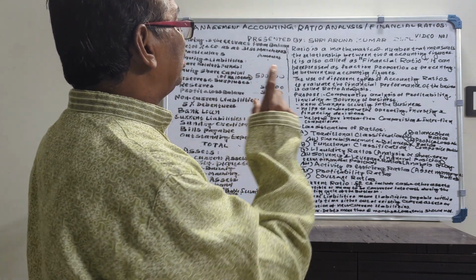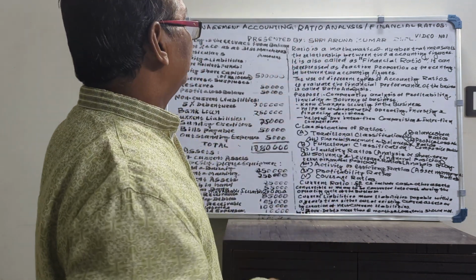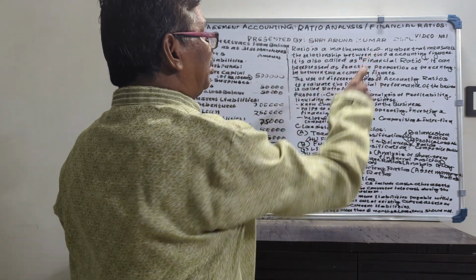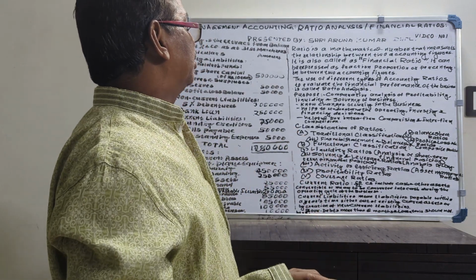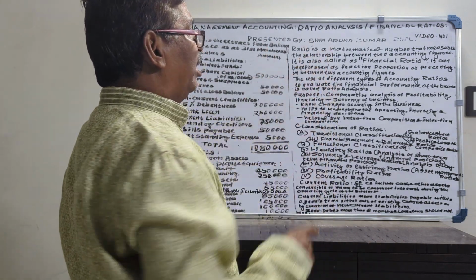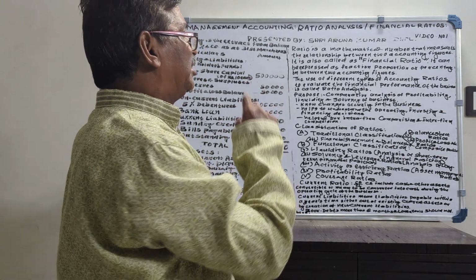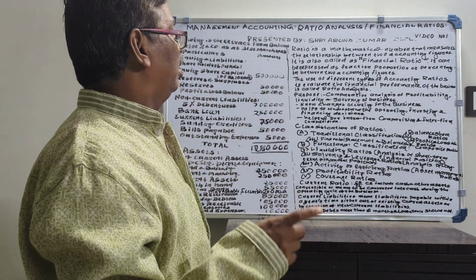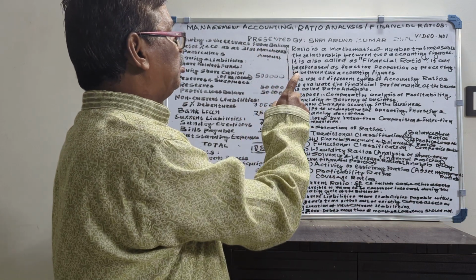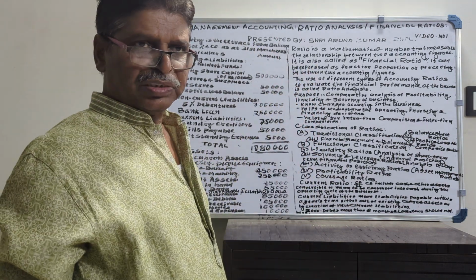So ratio is a mathematical number that measures the relationship between two accounting figures. It is also called financial ratio. It can be expressed as a fraction, proportion or percentage between two accounting figures.